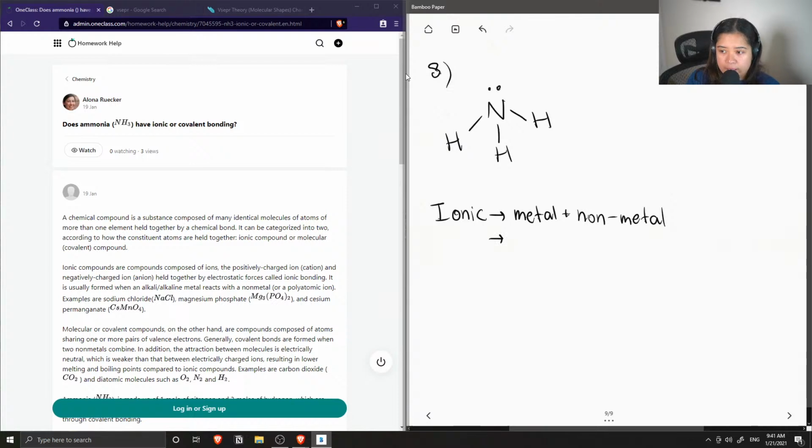And when we have the giving or taking away of electrons, so electrons are added or removed, to form ions.